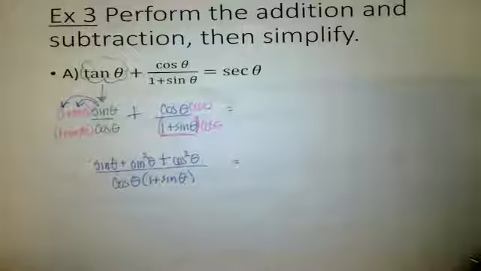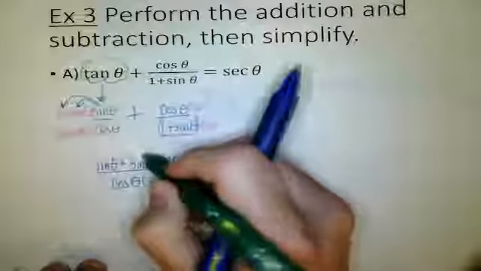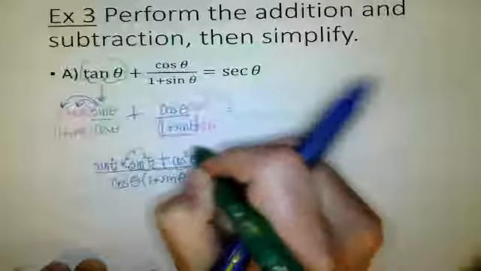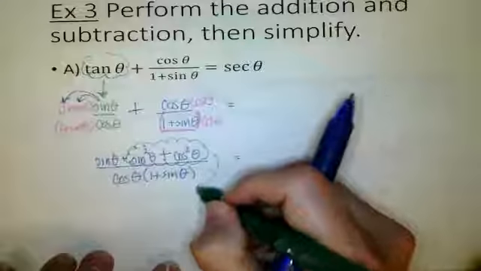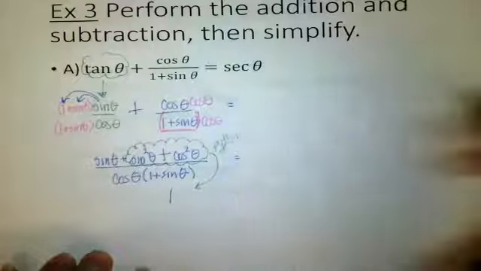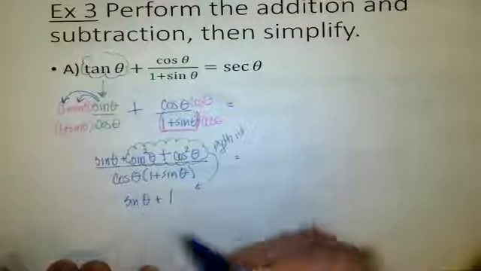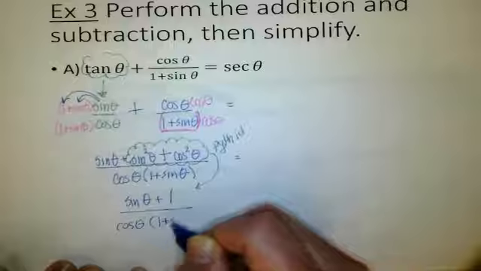Do you see it? Sine squared theta plus cosine squared theta is 1. That is our Pythagorean identity. And so we have sine of theta plus 1 over cosine of theta times 1 plus sine of theta.